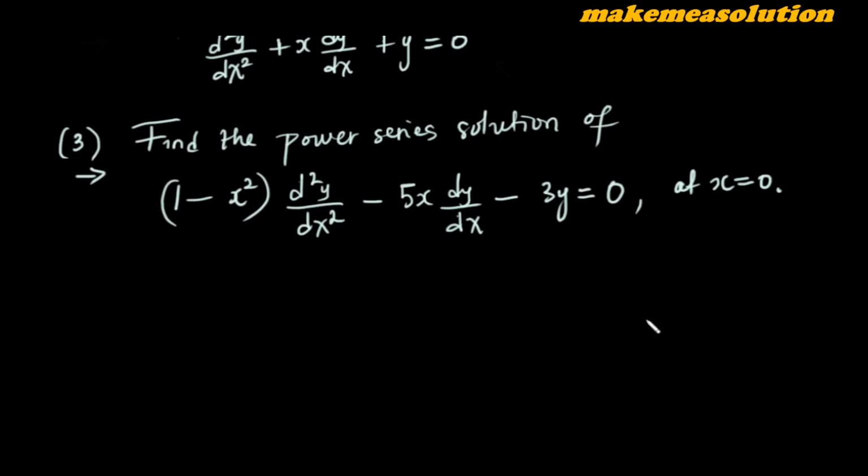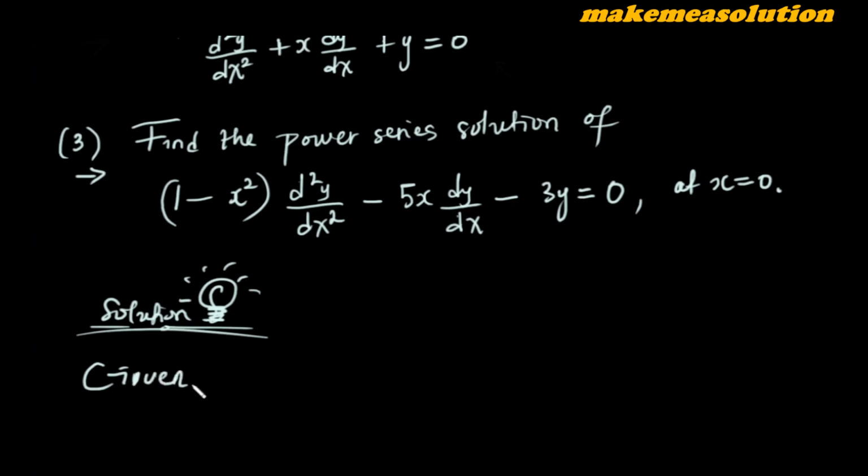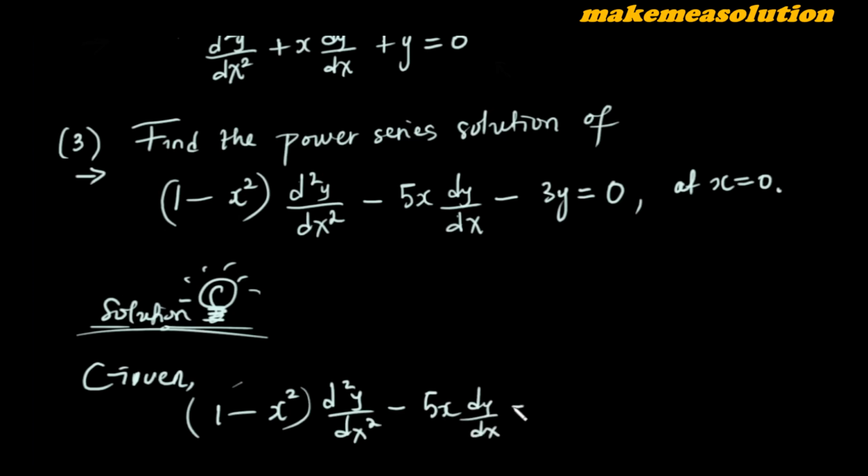Now if you want to solve the third one, solution, of course, given 1 minus x squared, d squared y by dx squared, minus 5x dy dx, minus 3y equal to 0.